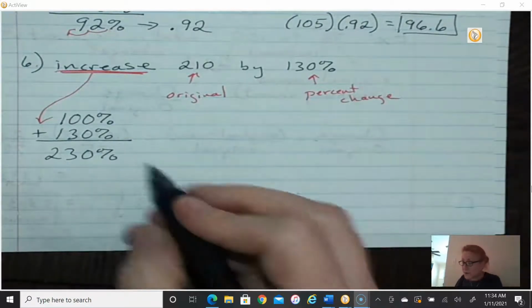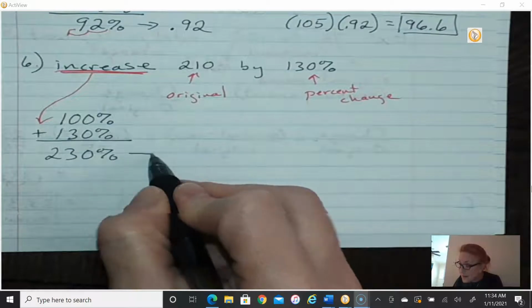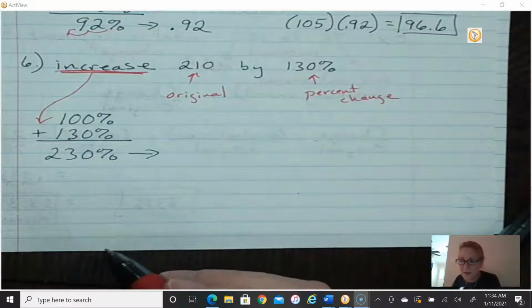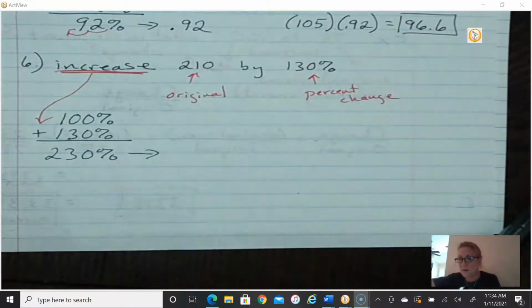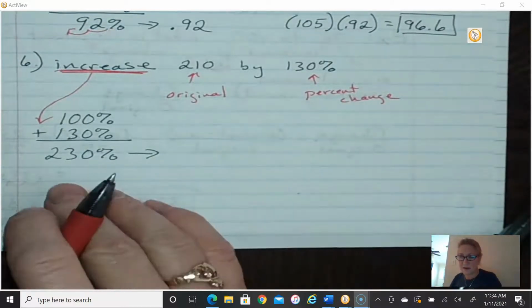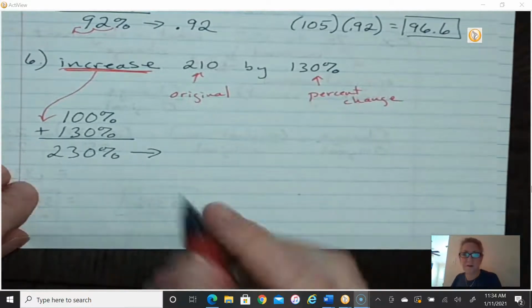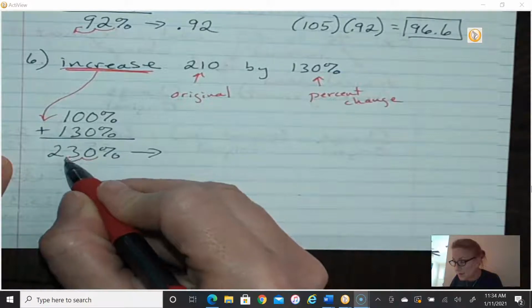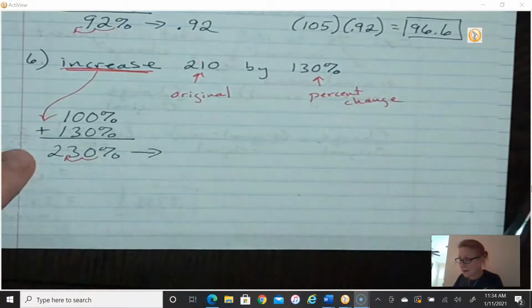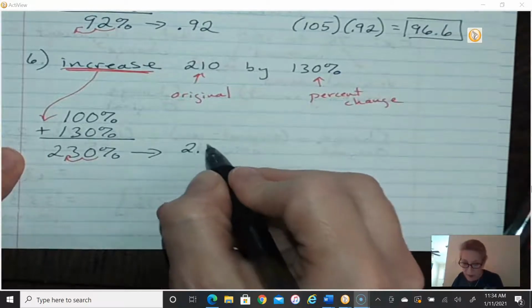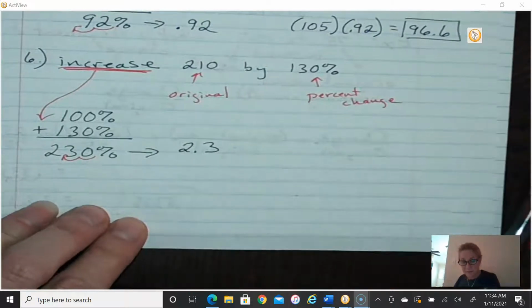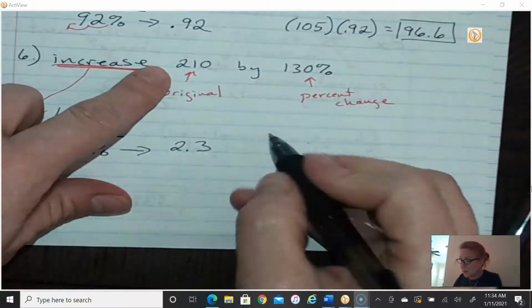Now what do we have to do? That's right. This time we have to change it to a decimal. Well, we have been every time. You take your imaginary decimal, move it 2 places to the left. It doesn't go in front of the 2 because you only move it 2 places. So you get 2.3. Now what do we do with that? You multiply it with the original.